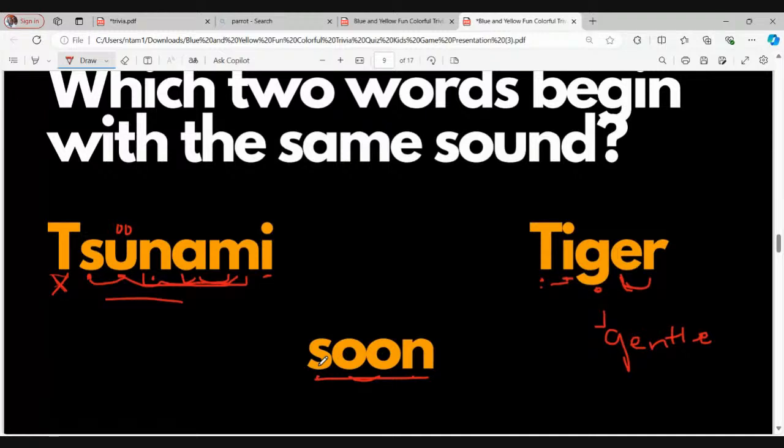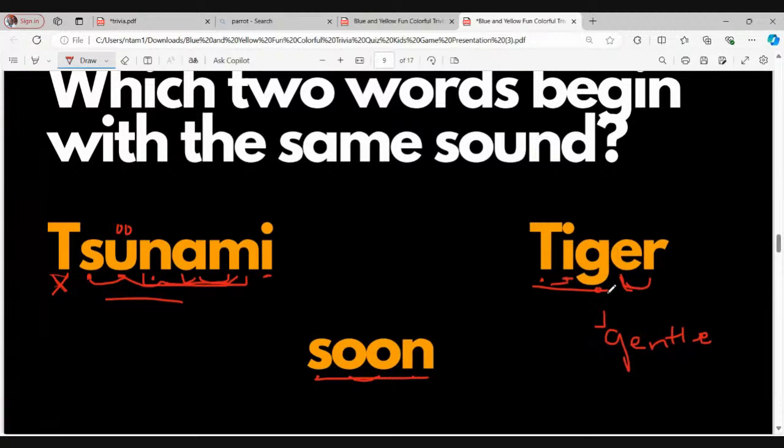Our next word is the word tiger. So tiger is actually an animal, and tiger is like the bigger form of a cat. If you know a cat, then you would have the idea of how a tiger looks. So it is a large cat, basically.